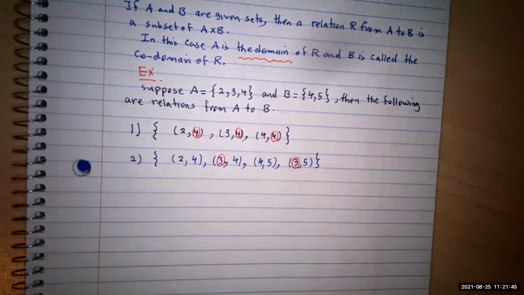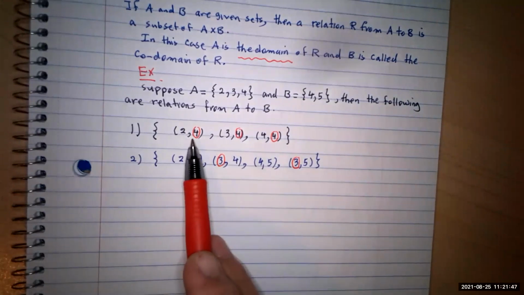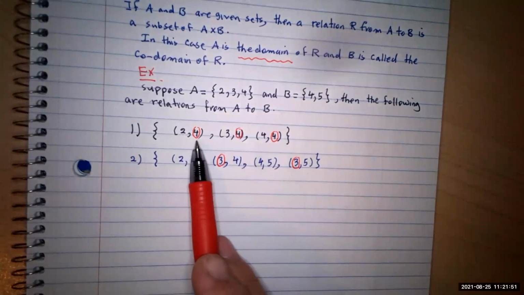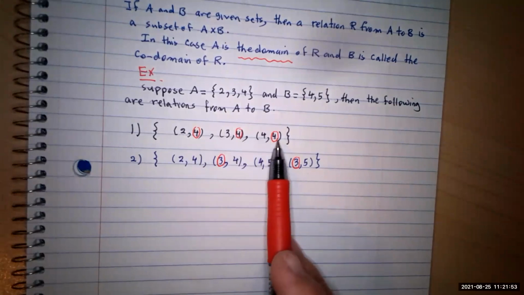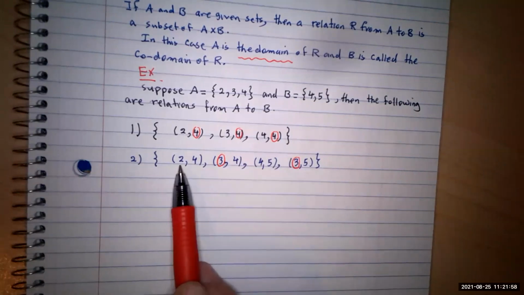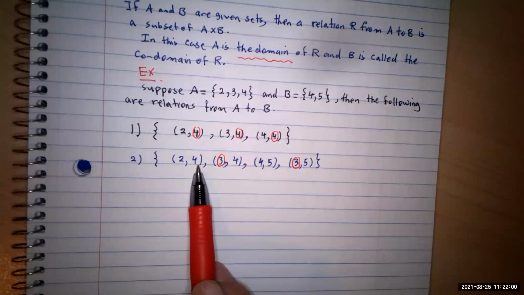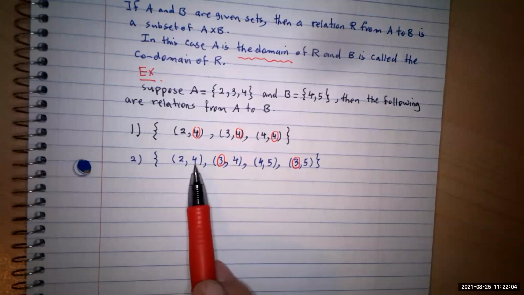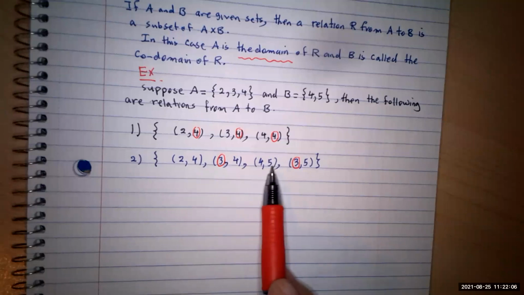You see in the first part, each member is related to 1 member. 2 is related to 4, nothing else. 3 is related to 4 and 4 is related to 4. But over here, 2 is related to 4 only, and 4 is related to 5 only.